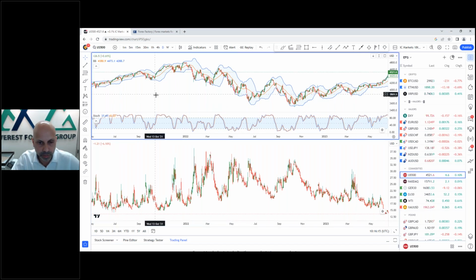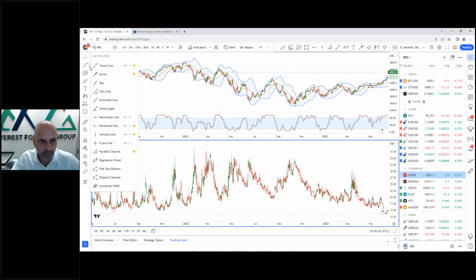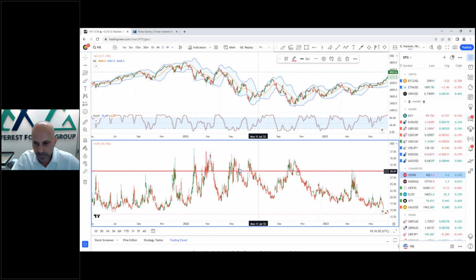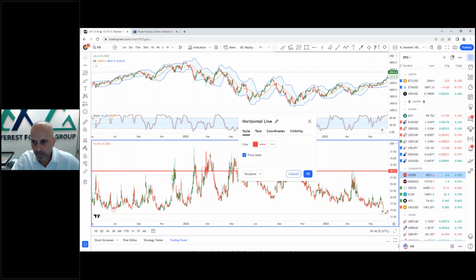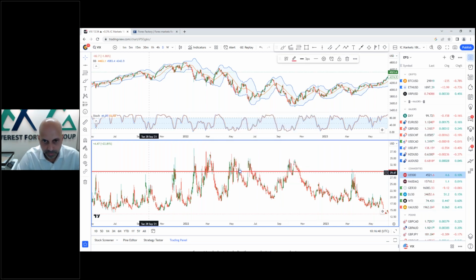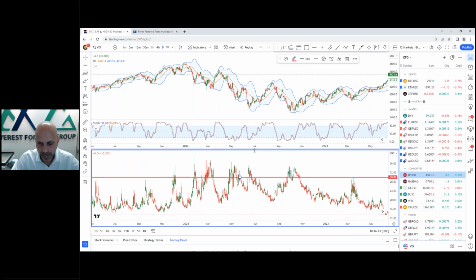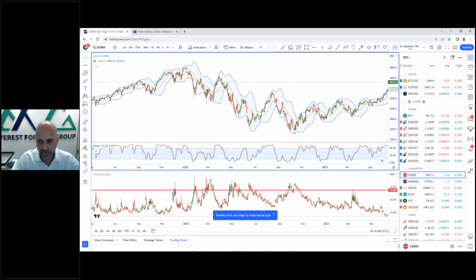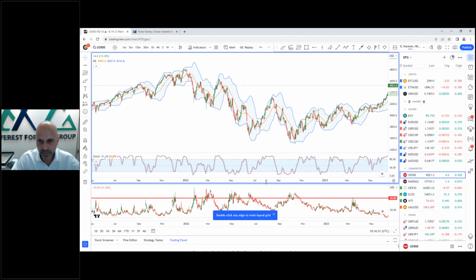Okay, so what I'm going to do is put a horizontal line, set at 30. I'm just going to make this a bit smaller, trying to get more of the price chart as well.